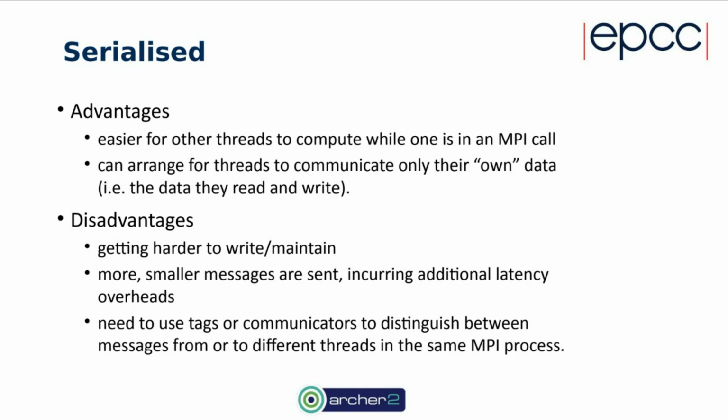So if we have multiple threads sending messages to another MPI process, then we have to have some way of working out which message is which in order that the right thread receives it on the other end. And well, it's possible to do that using tags, using the tag field in MPI, or using communicators, but neither of those is a particularly nice or satisfactory mechanism.